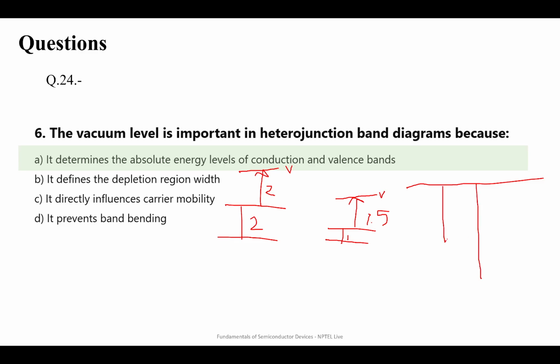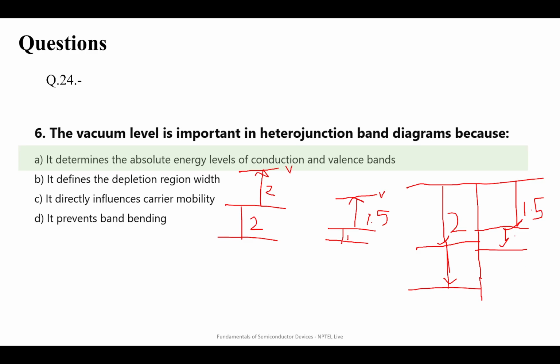So from here, I am making 2 electron volts. From here, I am making 1.5 electron volts. So 1.5 will be like this. My 2 will be like this. Then from here, I will be making 1 electron volt. And from here, I will be making my 2 electron volts. Sir, type 2, sir, type 2.